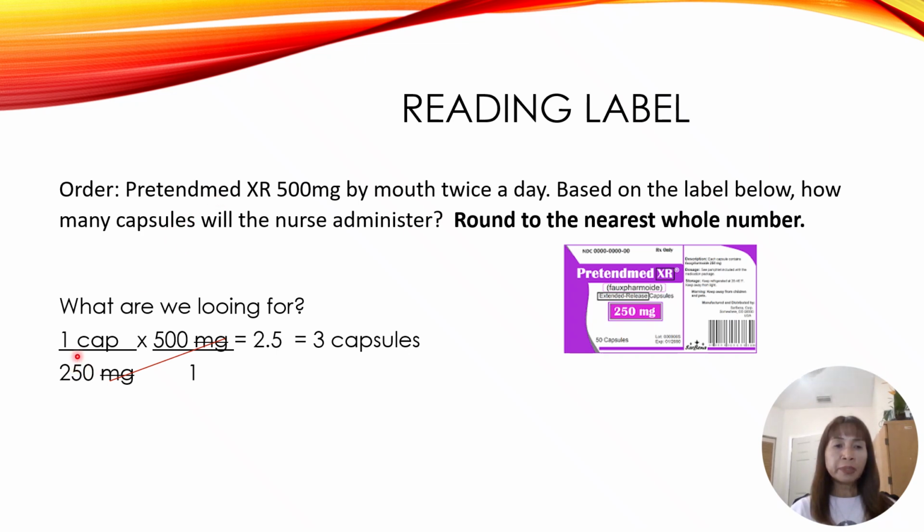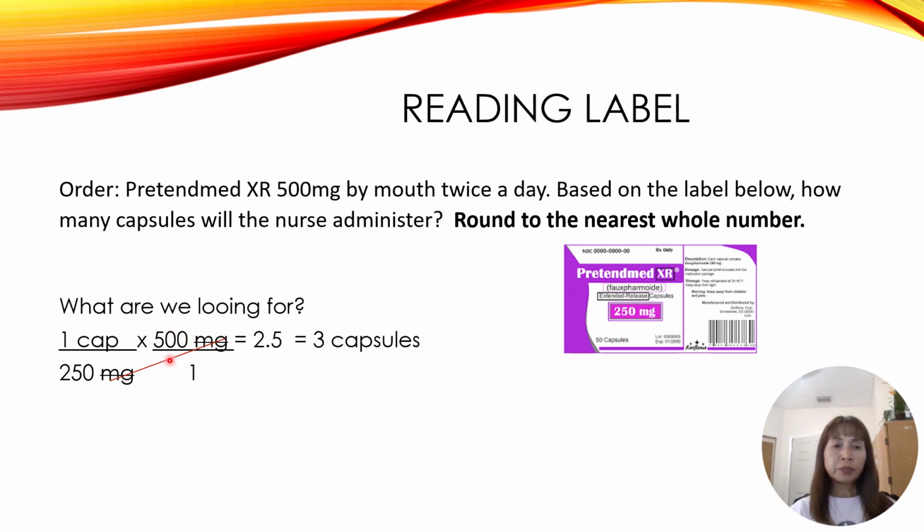We determined that one capsule is 250 milligrams. Now we are going to cancel this milligram because we're going to give capsules, right? So now we are going to put what the doctor ordered, which is 500 milligrams. Now we are going to cancel the milligrams. And I put over 1 because this is only one order.